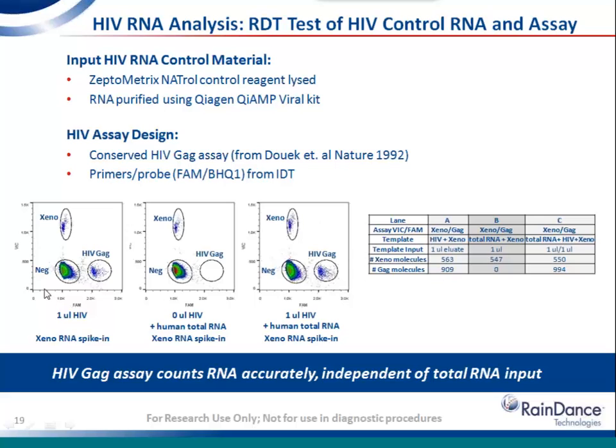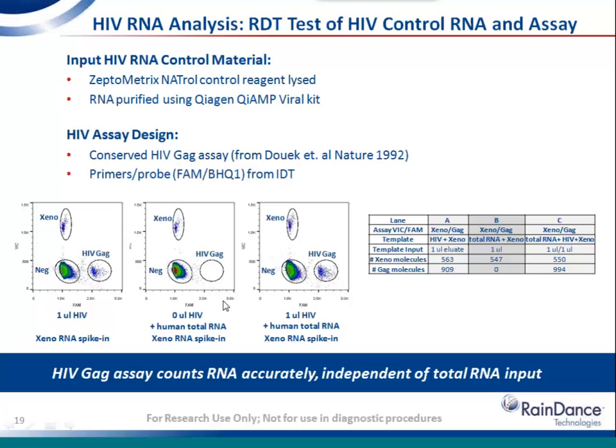So on the far left is data that shows that both the assay and the reagents work. Again, I've used the exogenous spike-in RNA as a positive control, where I know exactly how many molecules of RNA are in the sample. And you can see the HIV GAG assay works very well.